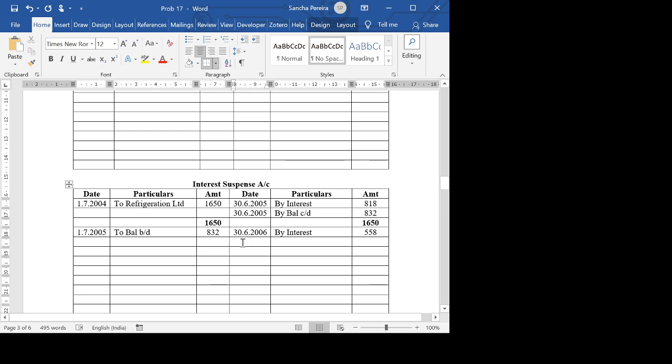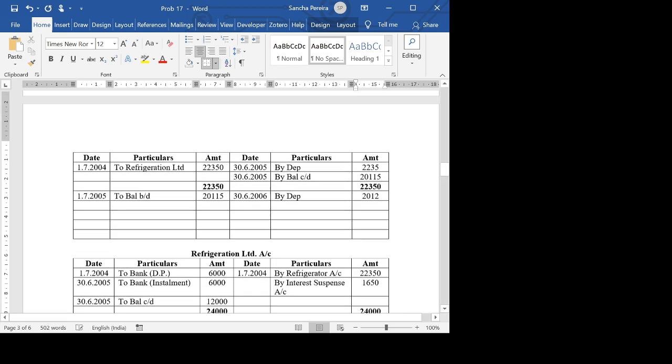So on 30th June 2006, at the day of our closing, by balance carried down. Okay. So let's see, the total is 832. So 832 minus 558 should get you the remaining interest. What is left? 832 minus 558, 274.